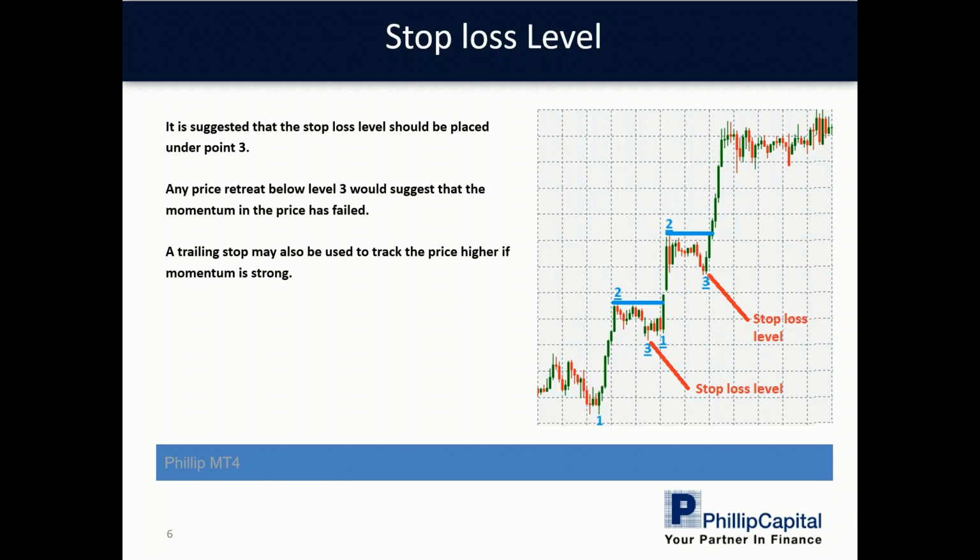This means that if the price activity fails to create strong momentum to the upside and actually pulls back down to below level 3, that means that the bears have taken over. There's been a lack of buying momentum, and therefore we would want to be out of the trade at that point at level 3 or slightly below to allow a bit of volatility. So that's where we'd place the stop loss level.